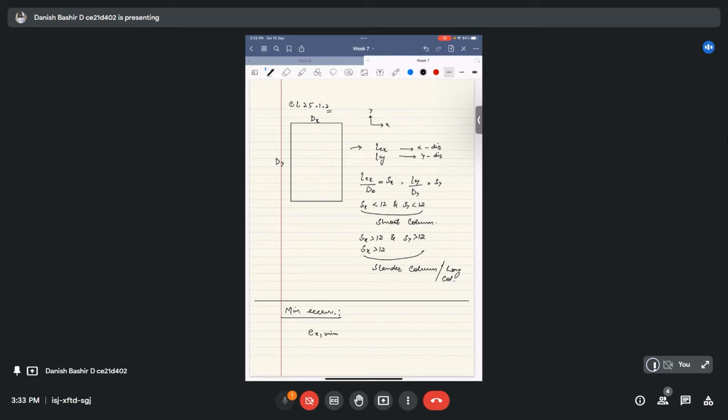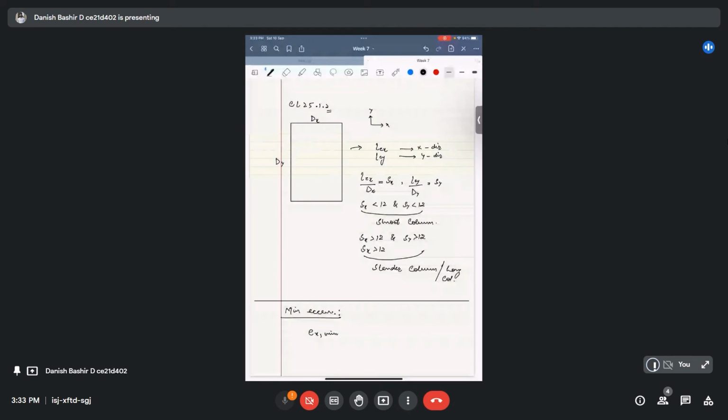For example, X kilonewton loading is happening on our compression member, and this loading is acting at some eccentricity on my column section. The designer designs the column section and the reinforcement for it, so we need the minimum eccentricity in both directions, ex minimum and ey minimum.